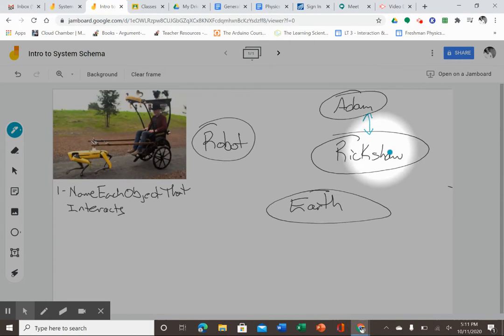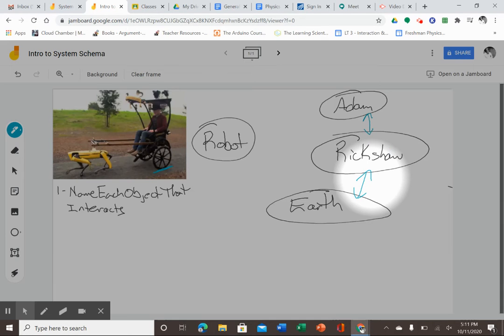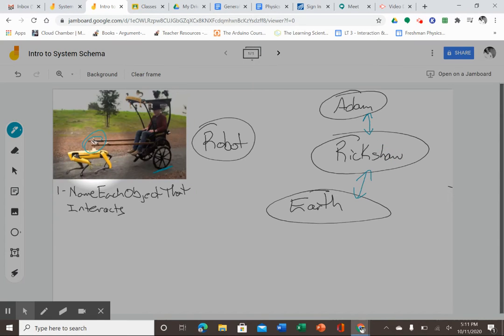Now, if I go to the rickshaw, we already said rickshaw and Adam are in contact. Rickshaw and the earth, do they contact each other? Is there an interaction due to their contact? Well, there's that contact right there. So yes, I will add that interaction by contact there. So we've got rickshaw-Adam, rickshaw-earth. Does the rickshaw contact the robot? Well, that would probably be that harness spot right there.